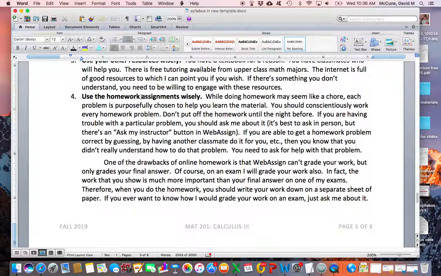Homework is there to help you learn this material, but you have to use the homework conscientiously, especially the online homework. As I mentioned earlier, if you find yourself using 20 tries on every homework problem, or if you have somebody else do your online homework, things like this, right? Then you should be able to diagnose that you don't understand the material very well. And then you should come to me for help.